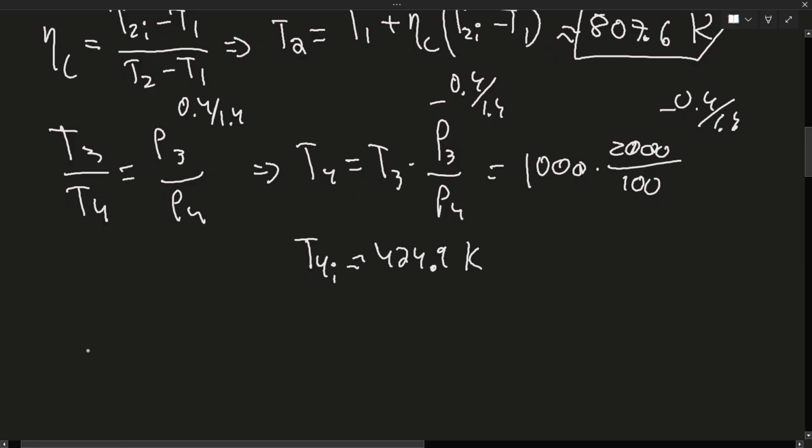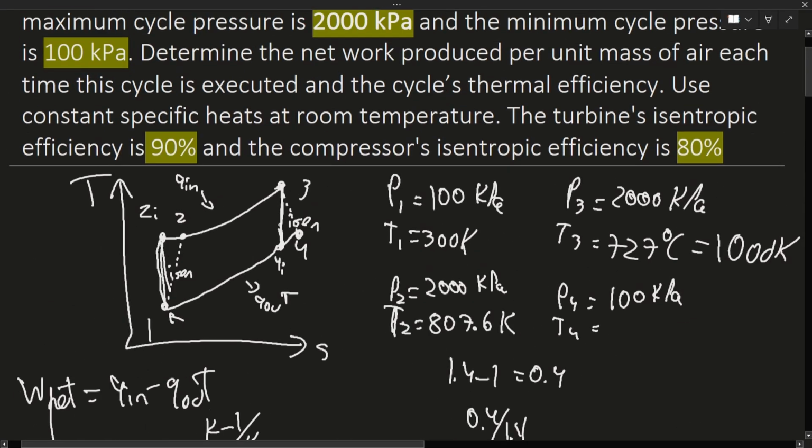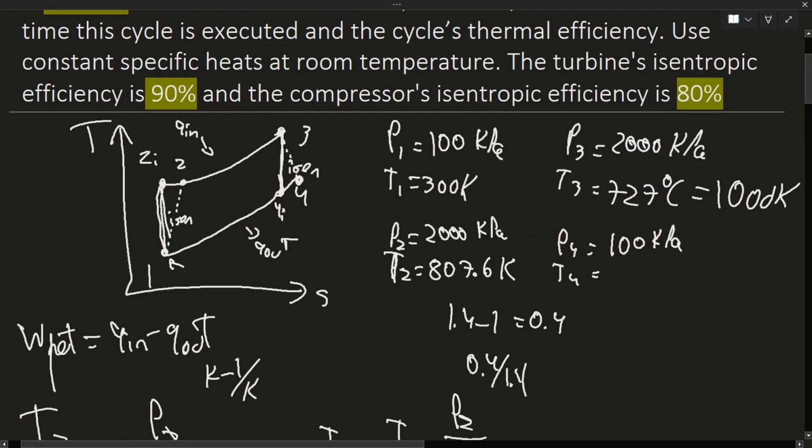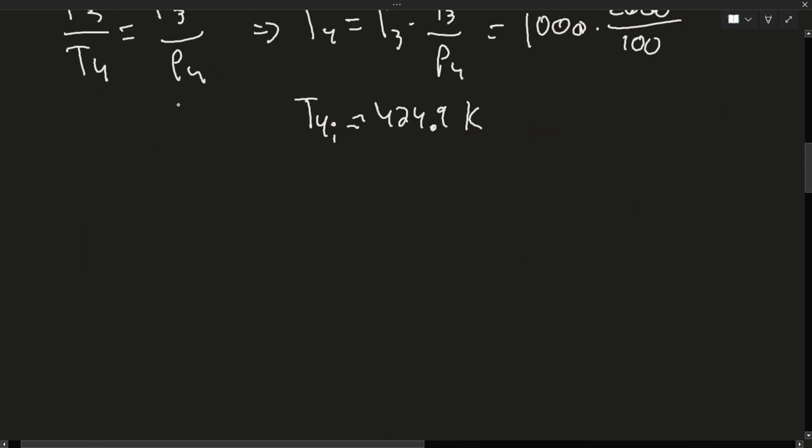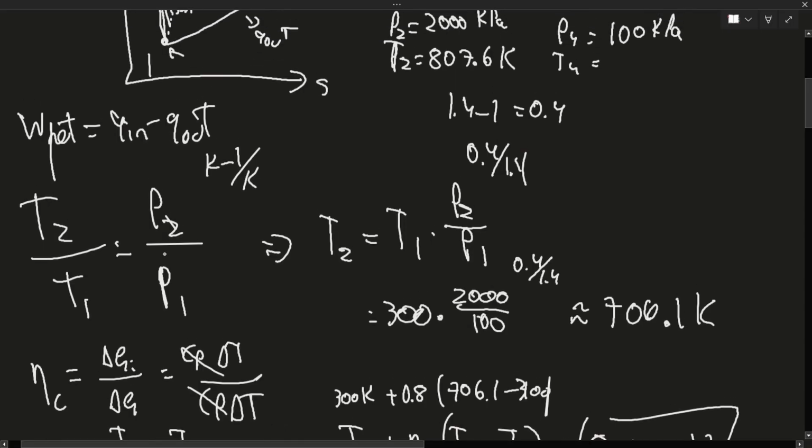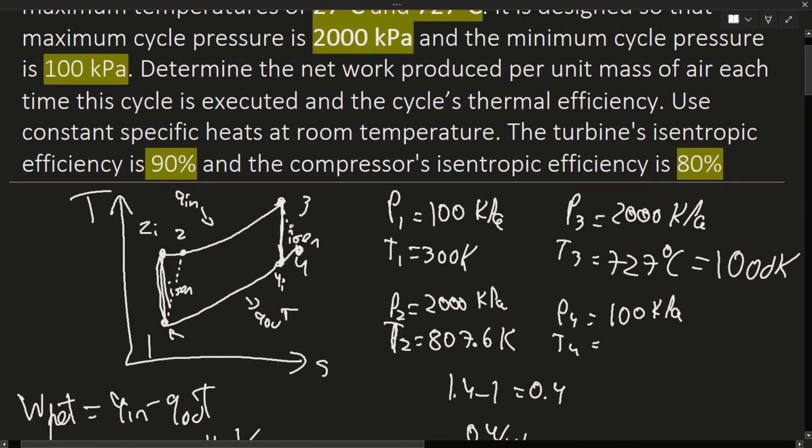Now, since our turbine also has an efficiency, we have to do the same principle. Ours has an efficiency of 90%. So the efficiency equals the exact same thing: T3 minus T4 actual over T3 minus T4 ideal. To know if the ideal temperature is in the numerator or denominator, you just have to keep in mind this shape over here.